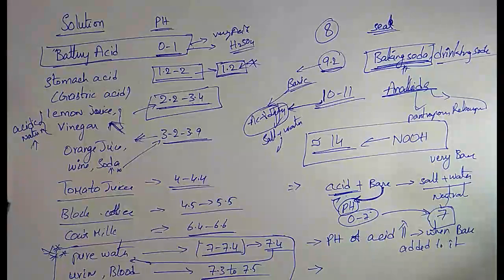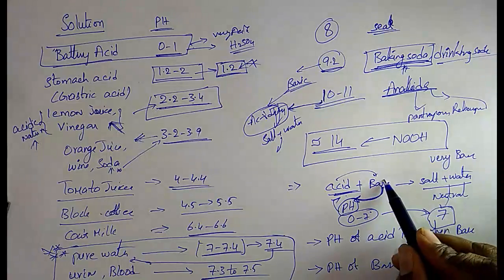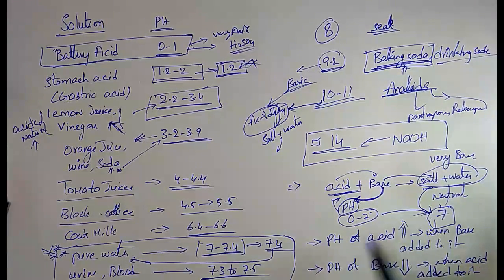In the same way, the pH of a base decreases when acid is added to it. That means if we add this acid to the base, then we get a solution with a pH of 7.